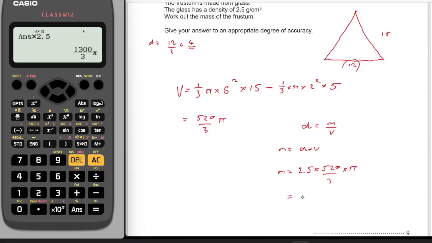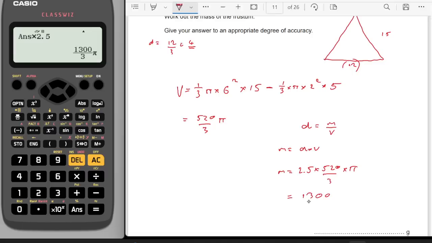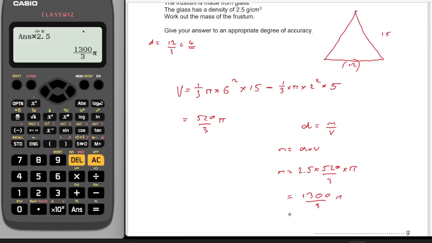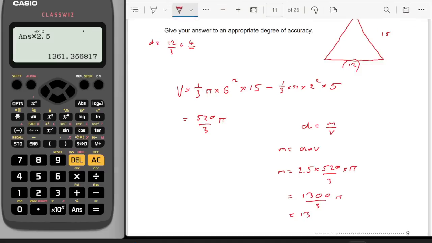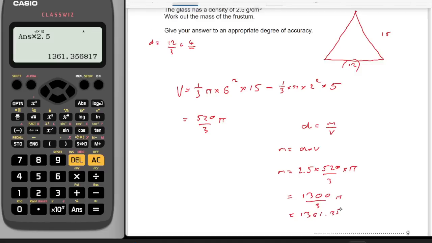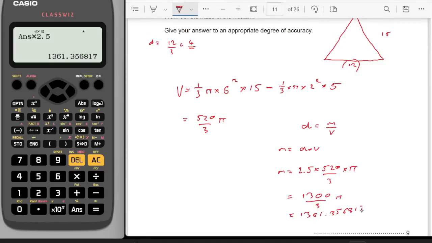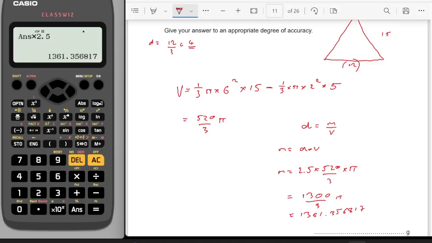So I'm making it 1,300 over 3 pi, which as a decimal is equal to 1,361.356817.